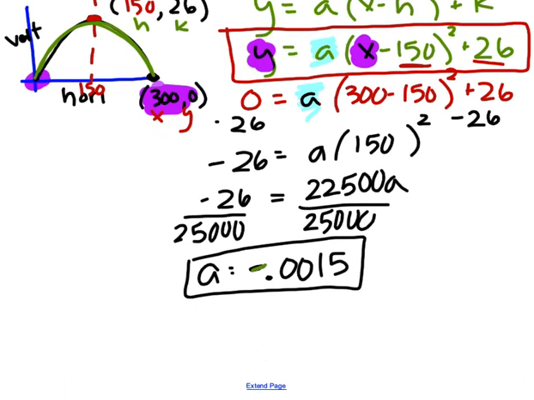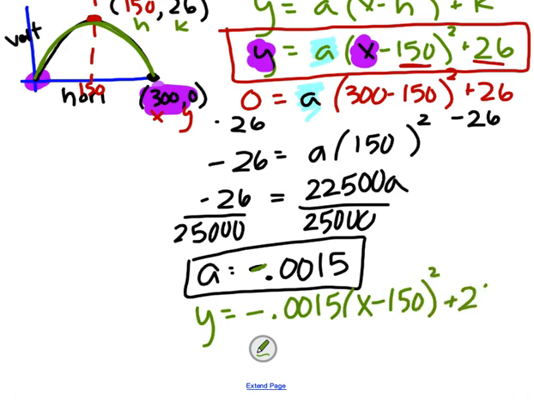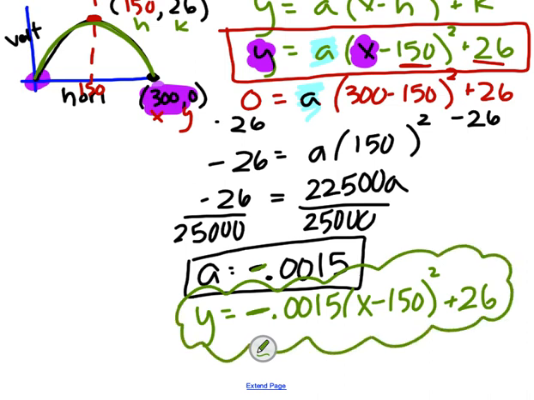So my final answer is y equals negative 0.0015 times (x minus 150) squared plus 26. I like that the a value is negative because that is the part in the formula that tells you there's a vertical reflection. So that is the equation that models the path of the golf ball that was hit.